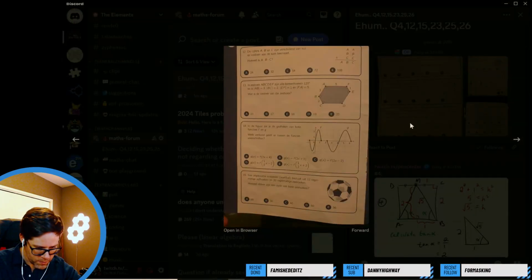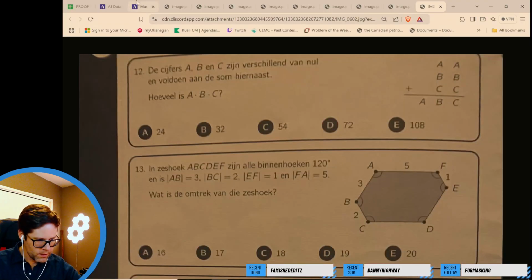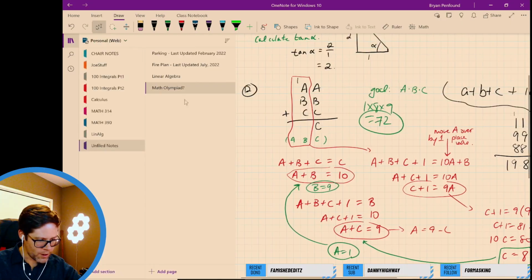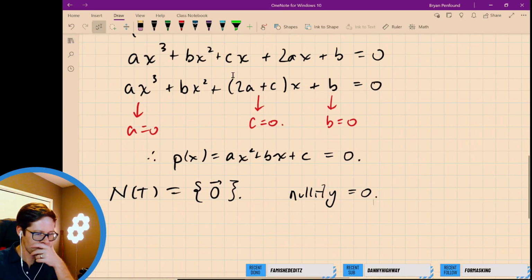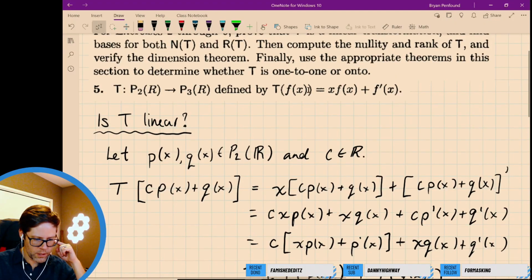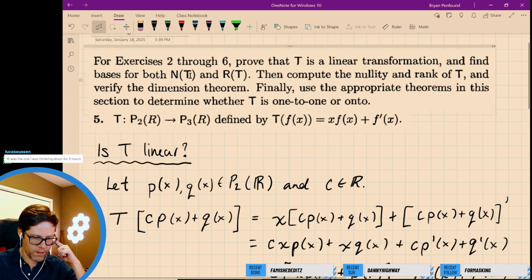Is that on the same sheet? Yes. Okay, I want to finish up that linear algebra question. I feel like we're pretty close. So our linear algebra question was a polynomial defined in this particular way. We found the null space. The null space is just the 0 vector. So that means that the row space should be all of P3, right?